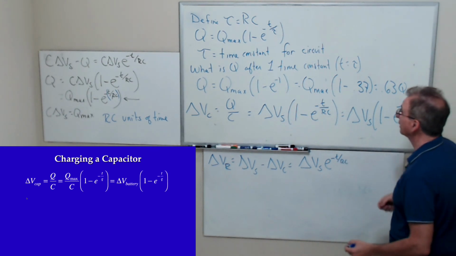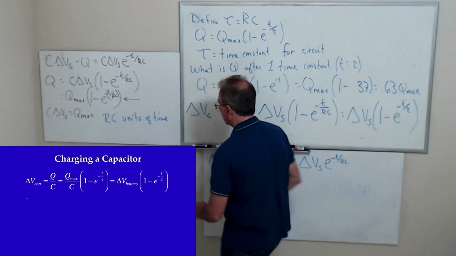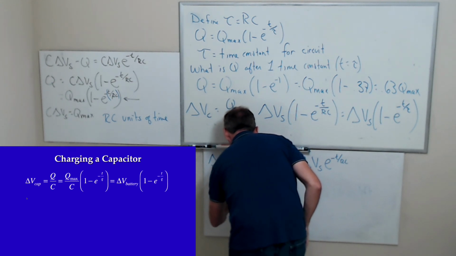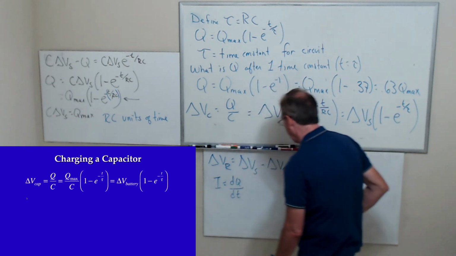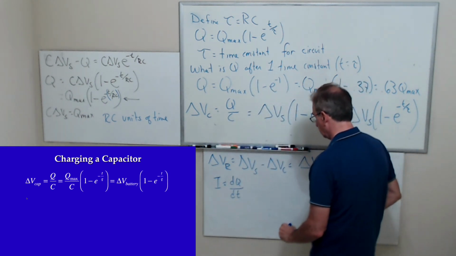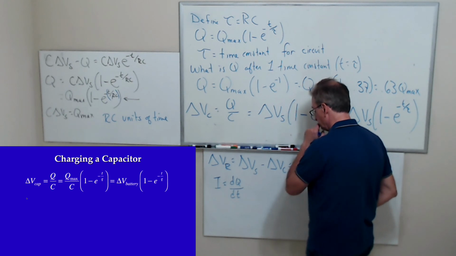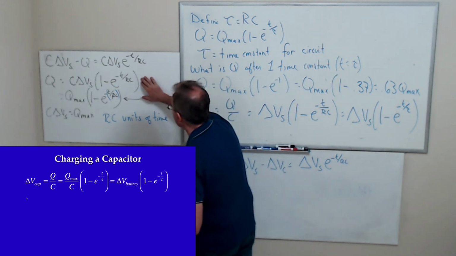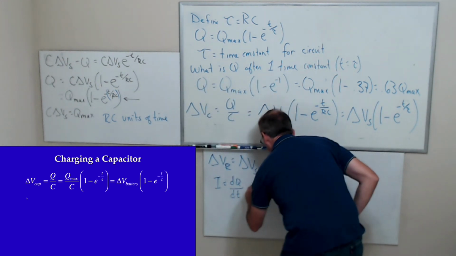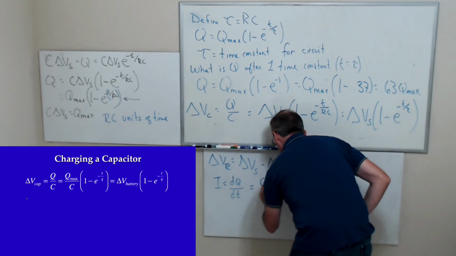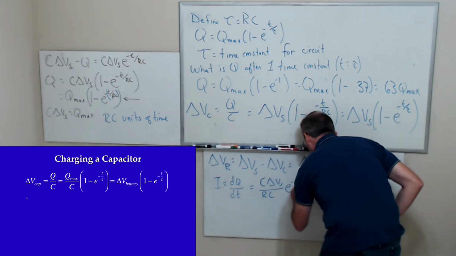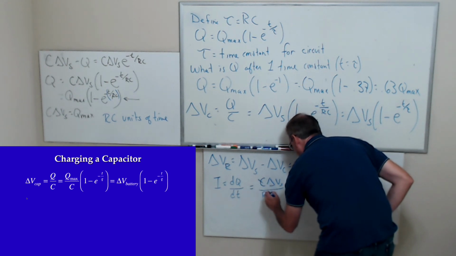What's I? Well, I is the derivative of this thing. I is dq dt. And so when I take the derivative with respect to time, I'm going to get C delta V sub S over RC times e to the minus t over RC. The negative signs cancel, just in case you're questioning that.